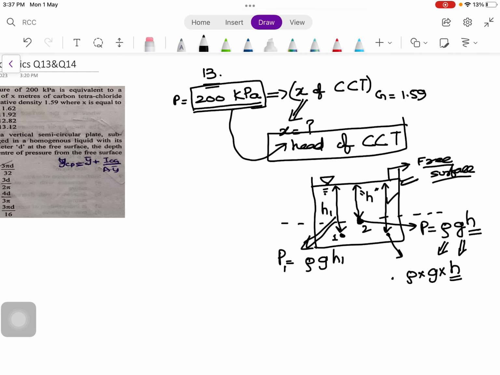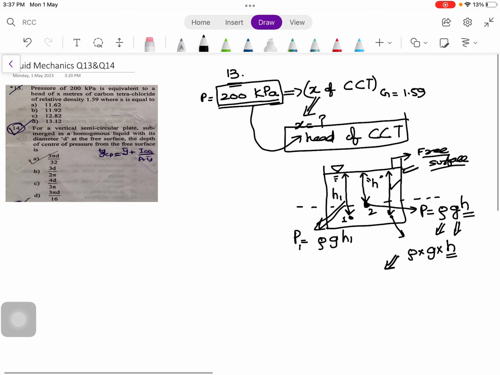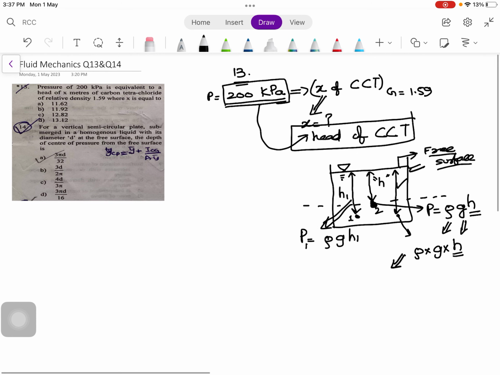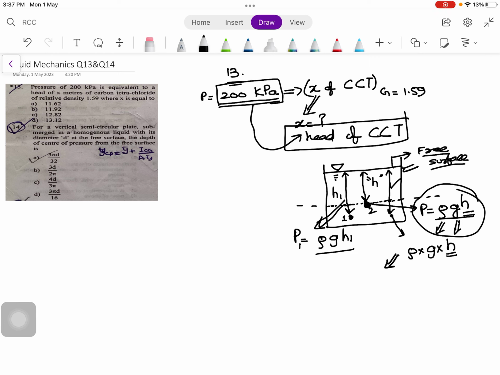And there is one more thing that we need to note. If the pressure at this point is rho gh, then the pressure at all the points in this level is exactly the same. Similarly, if at point 1 the pressure is rho times g times h1, then the pressure at all points in the level of this point 1 is the same.